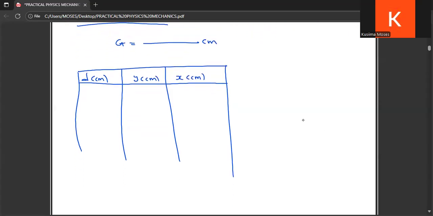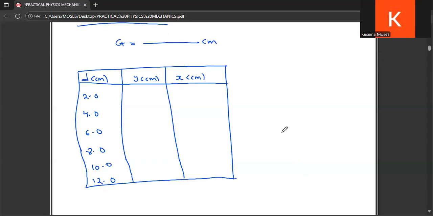Then we shall come and have our table here. So our D, we have 2.0, we have 4.0, we have 6.0, we have 8.0, 10.0, then we have 0.0. Those are the sets that we need to have a good graph.